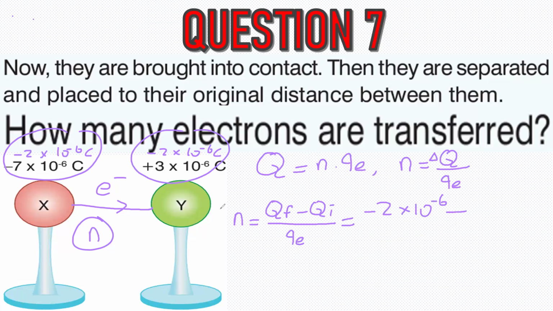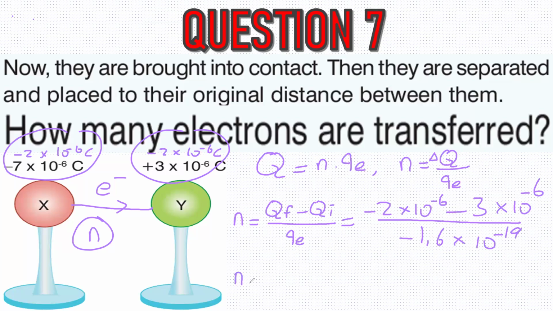All right, let's use this one, Y. So minus Q initial, which is 3 times 10 to the power of minus 6, over Qe. What is Qe? Minus 1.6 times 10 to the power of negative 19. So we are calculating with Y, and then we are going to calculate with X, and we should get the same answer. Just option 1, option 2, whichever you want, you can use it.